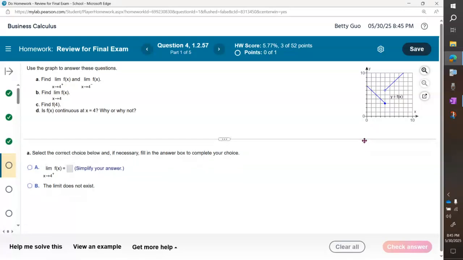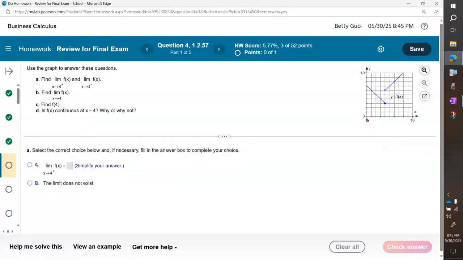Obviously, this is the origin, right? 1, 2, 3, 4. At 4, the two one-sided limits are not equal, and we should see the function does not have a limit when x approaches 4. The function is not continuous at 4 either. But the two one-sided limits do exist.